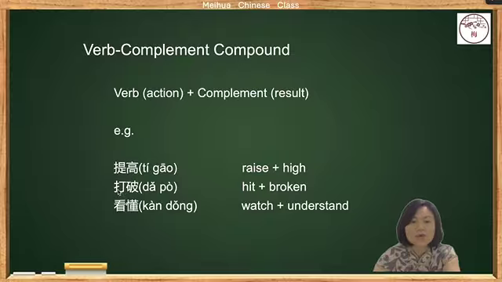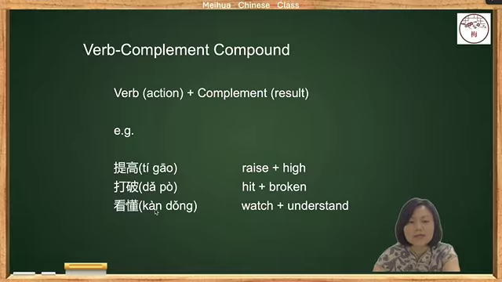The second one, 打破, 打. 打 means hit. What is the outcome of the action? 打破, 破. 破 means broken, something is broken. Hit something to make it broken. 打破. 看懂, 看懂. The first one is a verb, 看, right? Look or watch.